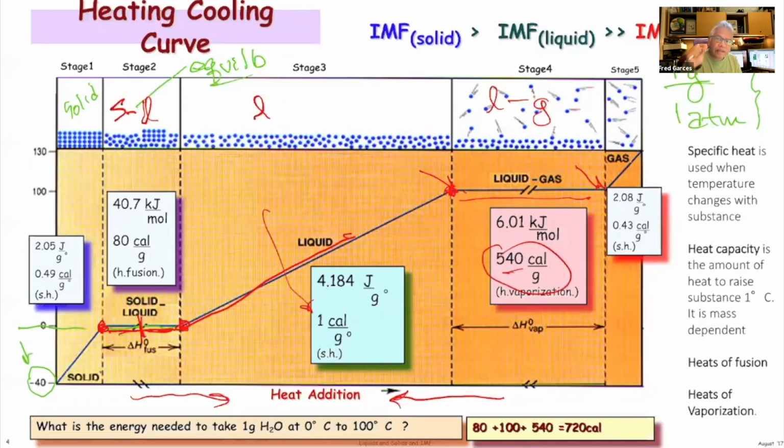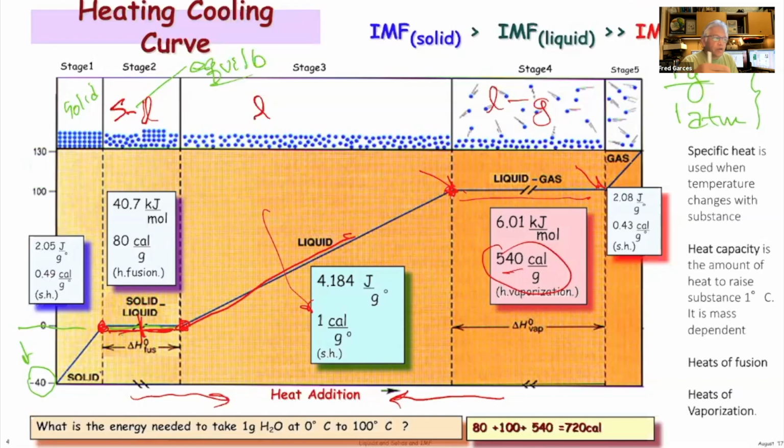That's the specific heat of water. Of course, if we want to raise 1 gram of water 10 degrees, it's going to cost 10 calories. If we want to raise 10 grams of water 20 degrees, it's going to be 10 times 20, 200 calories.